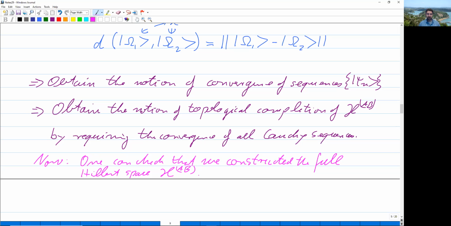And the proposition that I'm not proving here because it would be just tedious is that these are the correct inheritance rules that allow us to get to that Hilbert space from the constituent Hilbert spaces of the subsystems A and B.